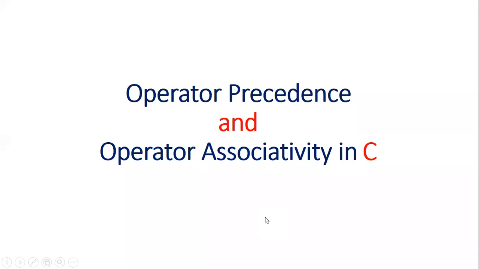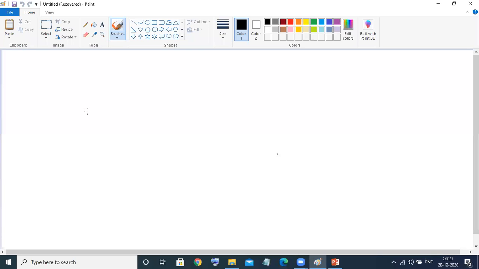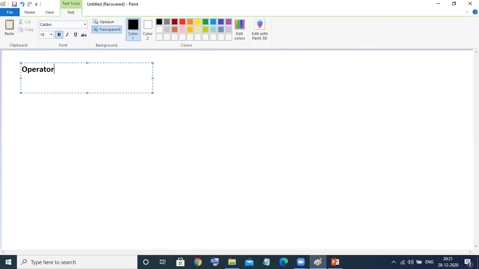Today we are going to see one of the important concepts in C language, that is operator precedence and their associativity. So we'll see what exactly is meant by operator precedence and their associativity.